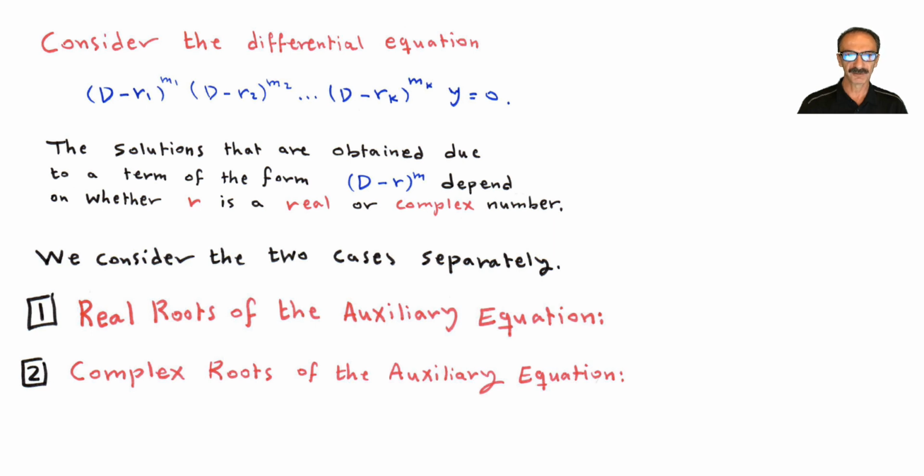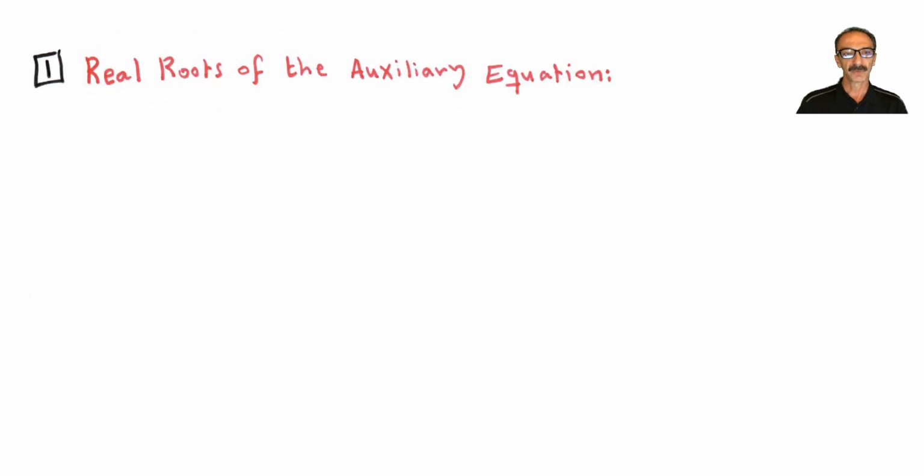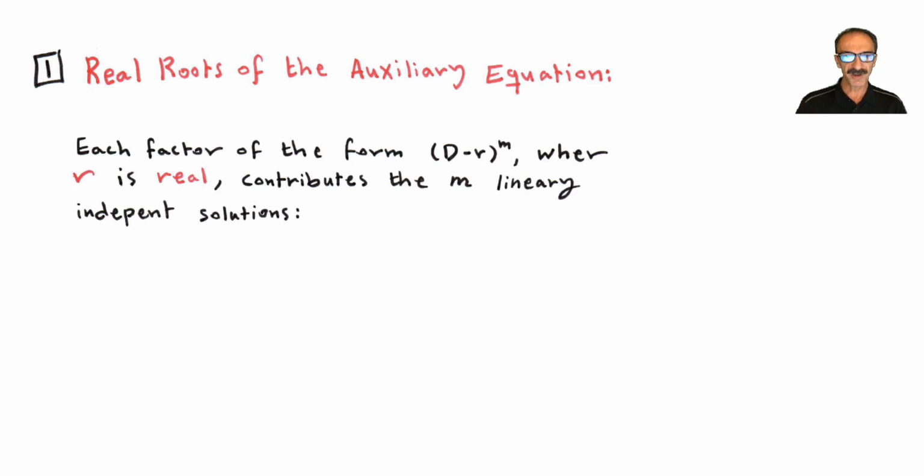So let's look at the first case: real roots of the auxiliary equation. Each factor of the form (D − r)^m, where r is real, contributes m linearly independent solutions. Let's take a look.